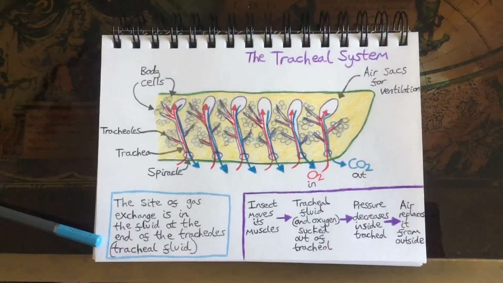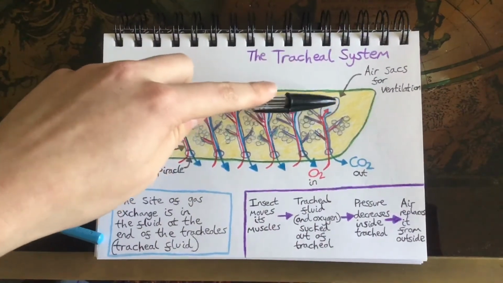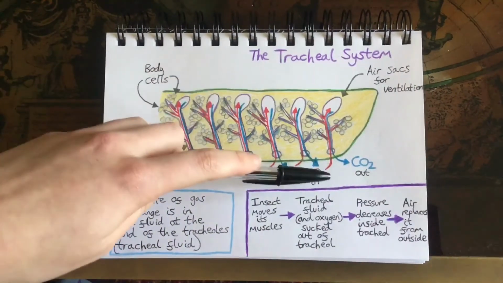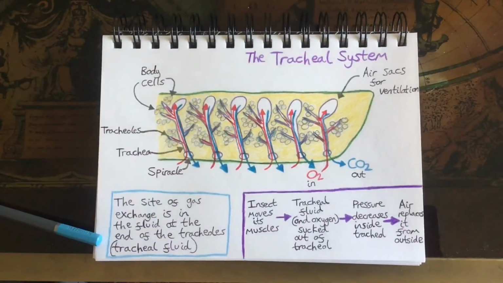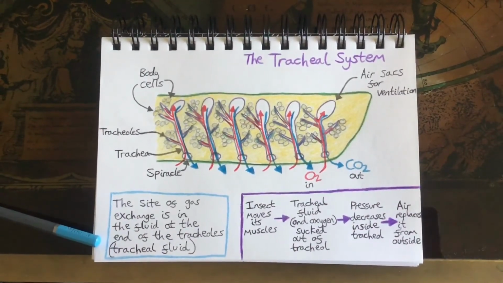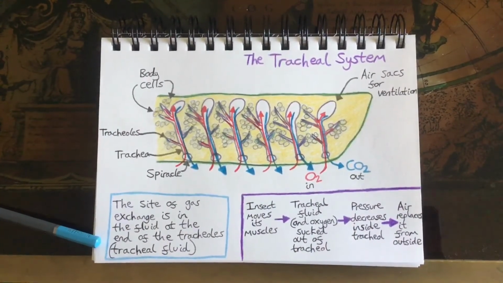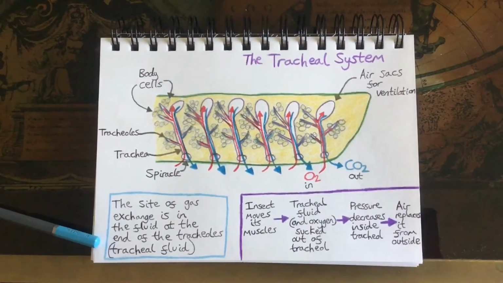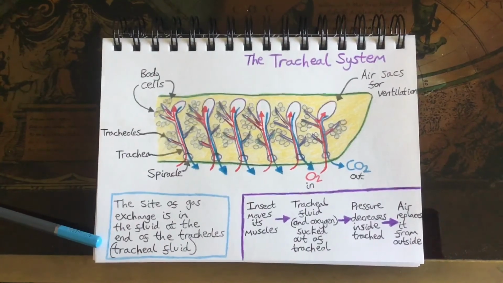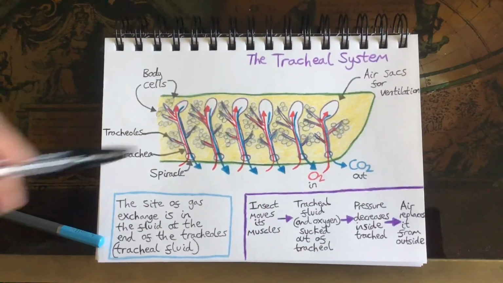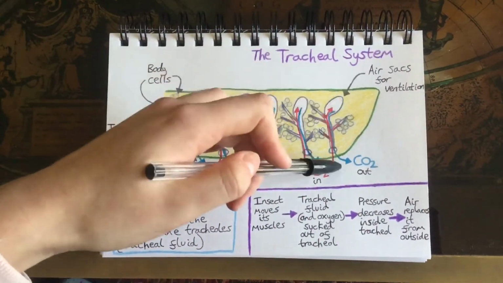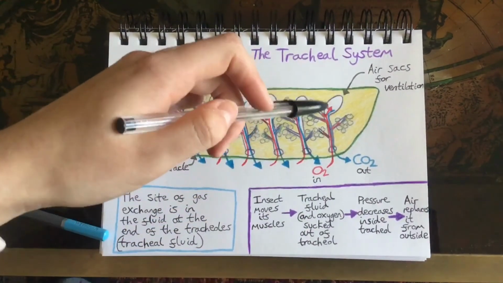So the insect flies, flight muscles contract, air sacs get squeezed, and air is forced out of the tracheal system and out of the spiracles. And the opposite happens when the insect relaxes the flight muscles. So in relaxation of the flight muscles, it causes the air sacs to increase in volume again, causing air to rush in. So flight muscles relax, air sacs increase in volume, and air will rush in.